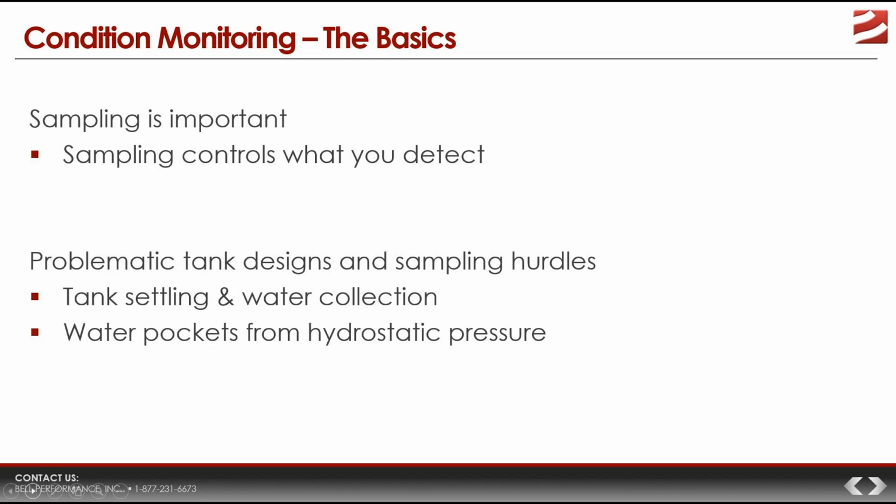This can also be something as simple as, over time, because of the weight of thousands of gallons of fuel, the bottom plates of the tank actually get deformed, and they change shape because of that tremendous amount of hydrostatic pressure. So they change shape relative to the overall tank, and it creates pockets, spaces where water will pool and collect.